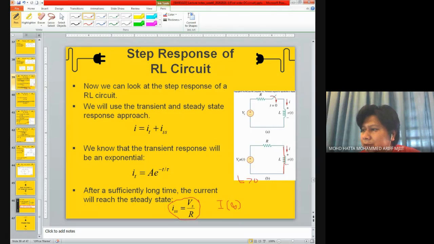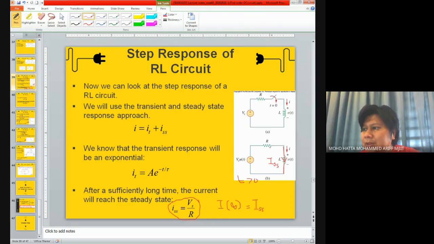If this is a short circuit element, what is the current over here? Current over here is given by I steady state, or I infinity. I steady state here can be found just by looking at simple Ohm's law, where you will use this information of voltage and this information of current.